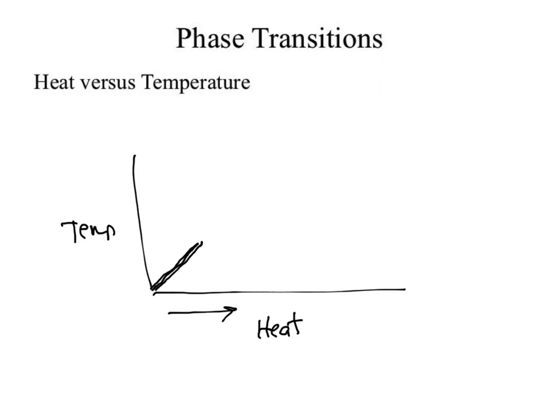Eventually, what happens? It melts. What happens to the temperature during that melting process? Okay? And that's a hard one for us to visualize because how many of you have tried boiling a pot of ice? And you laugh, probably because you've never done it.